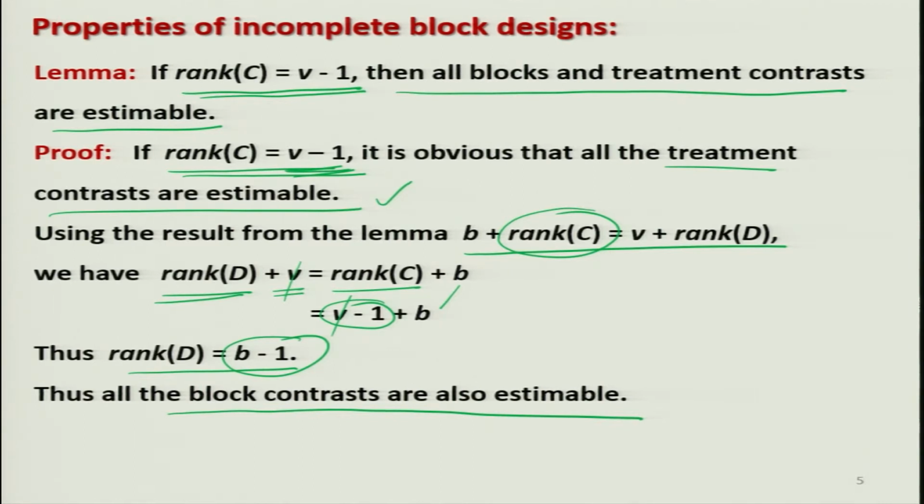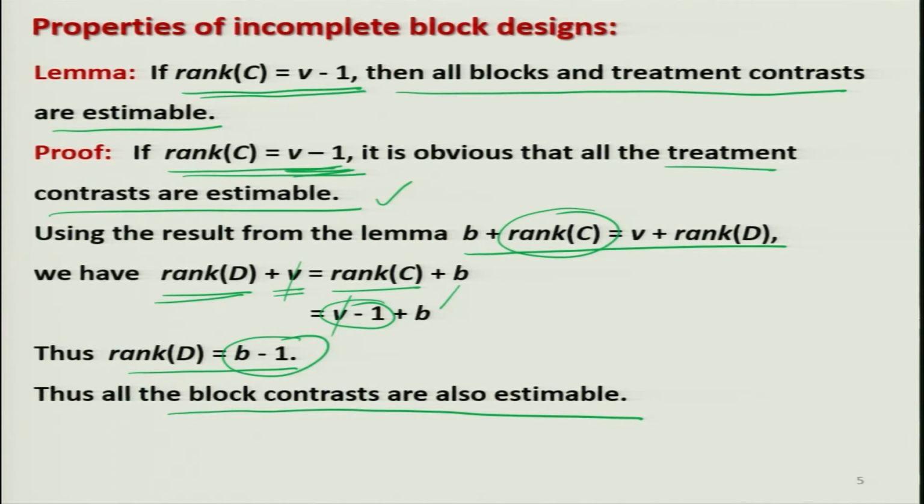contrast of the parameters. And once rank of C becomes V minus 1, C is related to the adjusted treatment total. So obviously the rank of D also becomes B minus 1, which is related to the adjusted block totals. So that is why, if the elementary contrasts about the treatment effects are estimable, then the elementary contrasts about block effects also become estimable.